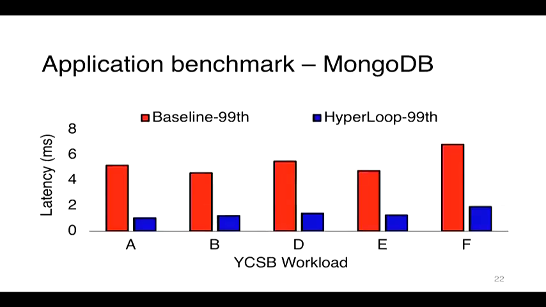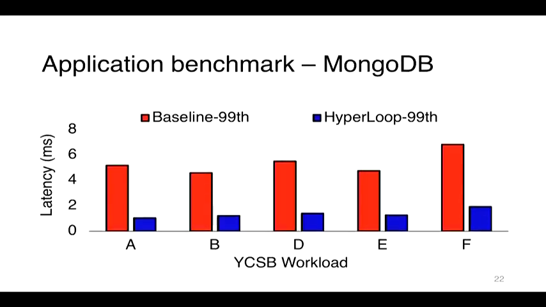And using the application benchmark, we evaluate the performance benefits for existing in-memory storage applications. I'll show you the results for MongoDB in this talk. As mentioned earlier, we modified the backend part of MongoDB to integrate our baseline and HyperLoop library.